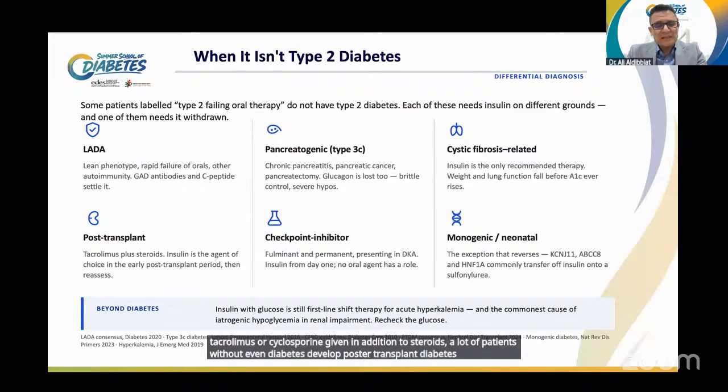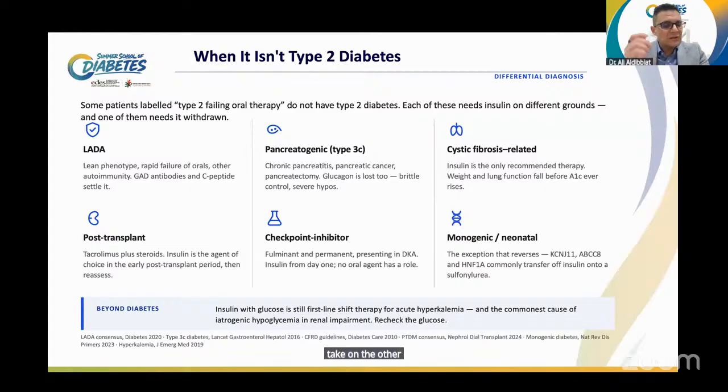In those cases, some agents can be given, but the safest to start with is insulin. And if the patient has established diabetes, in the period after transplantation the safest management can be with insulin until the renal function is safe for the other agents to be introduced.